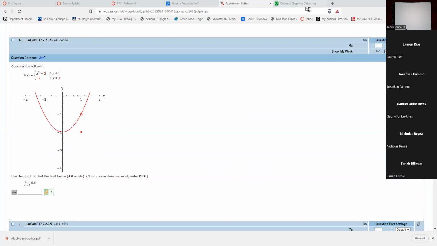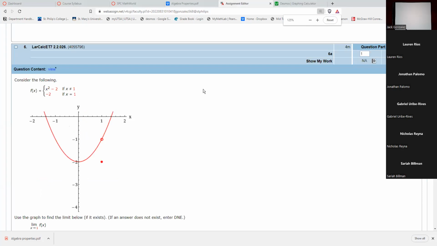Number 6. This one, check this out. The functional value is out here. It's not defined here, is it? There's a hole there. Let me zoom in a bit. It's a little better, right?